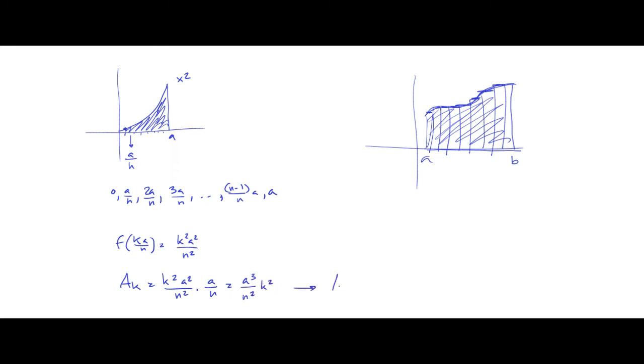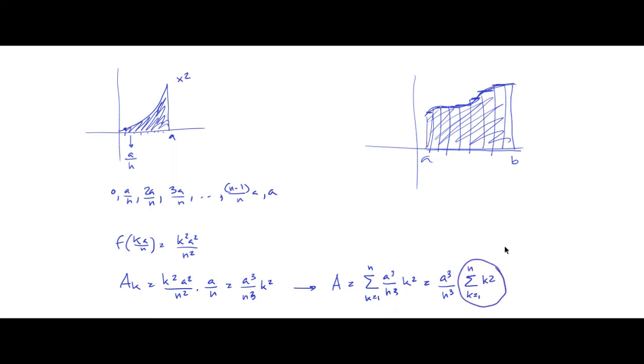Now the total area is the sum from k equals 1 to n of this value. A cubed and n cubed go out of the sum, and you have the sum from k equals 1 to n of k squared.